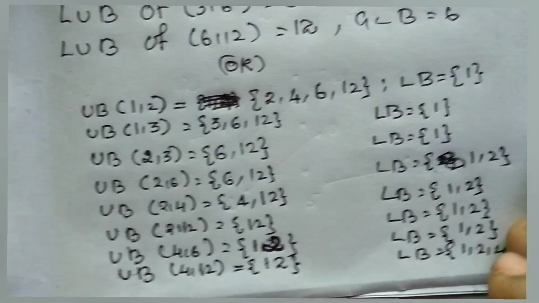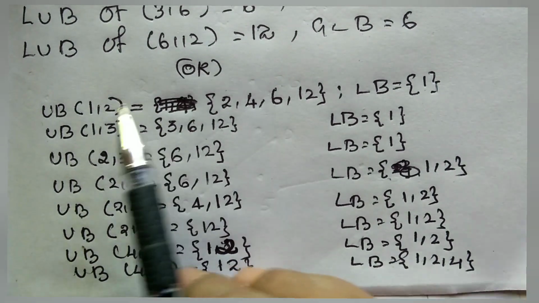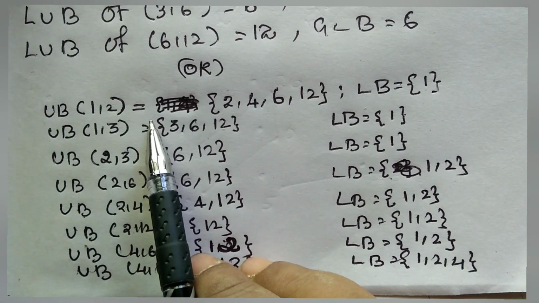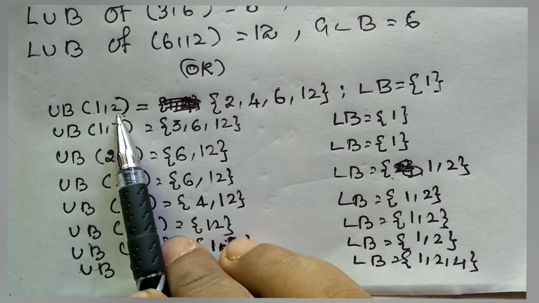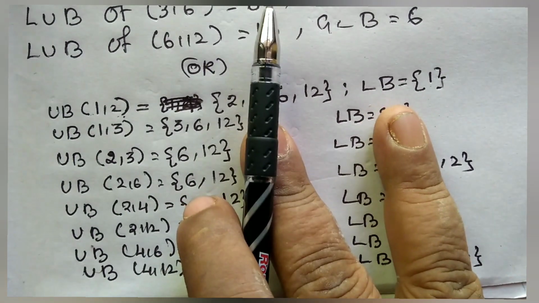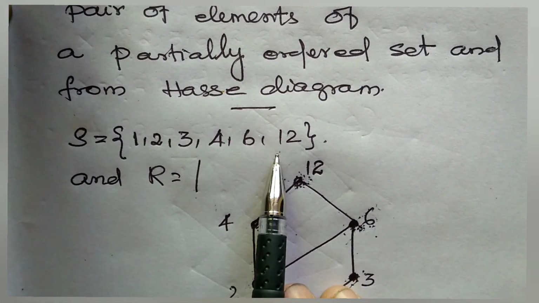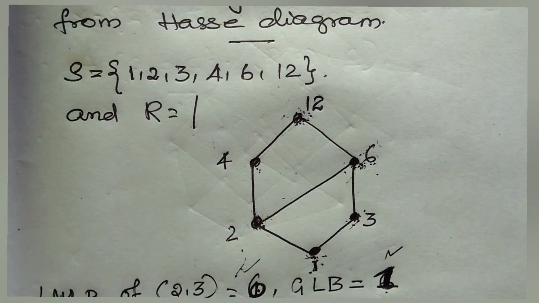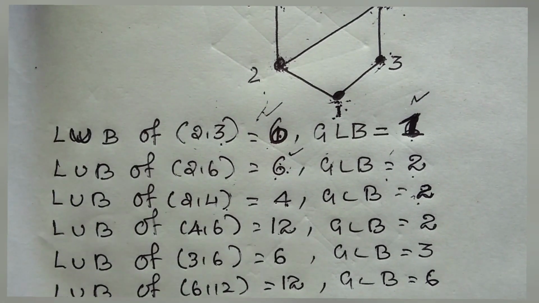Next, if the Hasse diagram is not given, we can still find the upper bound and least upper bound. Here is the trick. If you take 1 and 2, the upper bounds are the numbers from the set which are divisible by both 1 and 2.